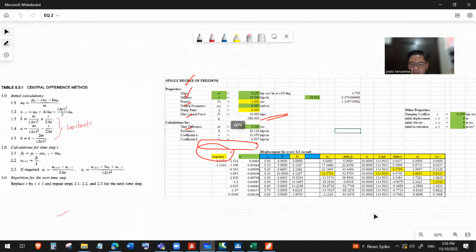Double check lang natin yung kanyang algorithm if nasusunod, no? So we have time and acceleration. Okay. So where is k hat? So makita nyo yung k hat, as I said, is constant.